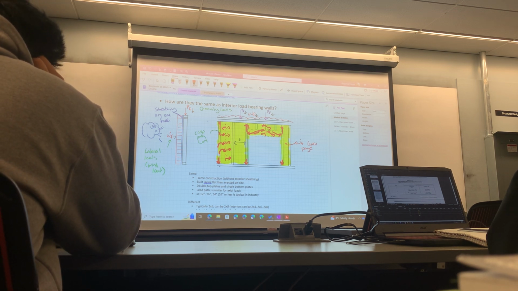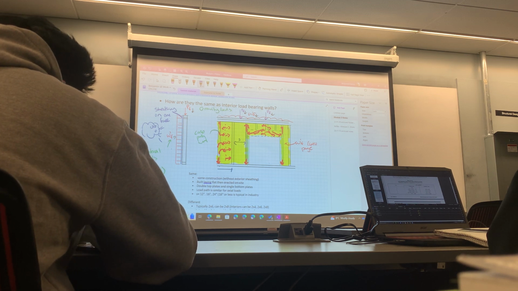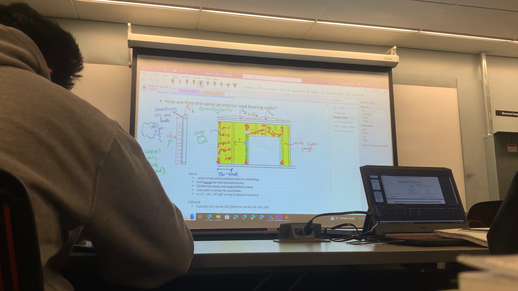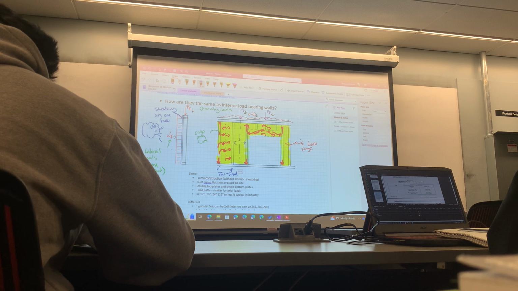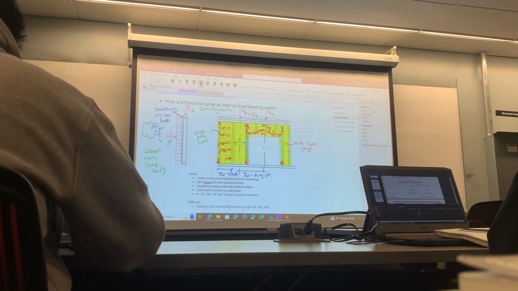So that's a tributary for a stud, and that's a tributary for the king stud.